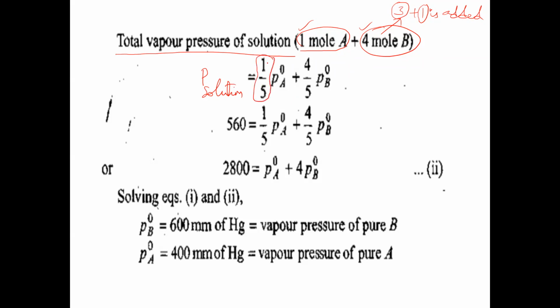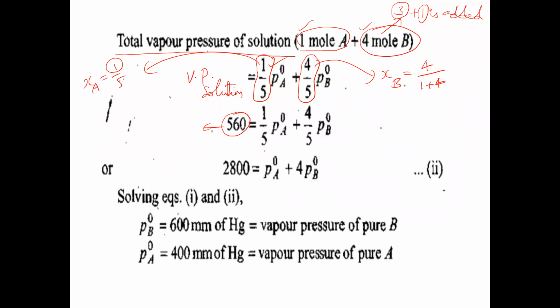Mole fraction of A means number of moles of A, 1, by total number of moles, 1 plus 4, which is 5. So the mole fraction of A is 1 by 5, into PA naught, the vapor pressure of pure solvent, plus 4 by 5. 4 by 5 is the mole fraction of B, 4 moles of B divided by a total of 5 moles, into PB naught.